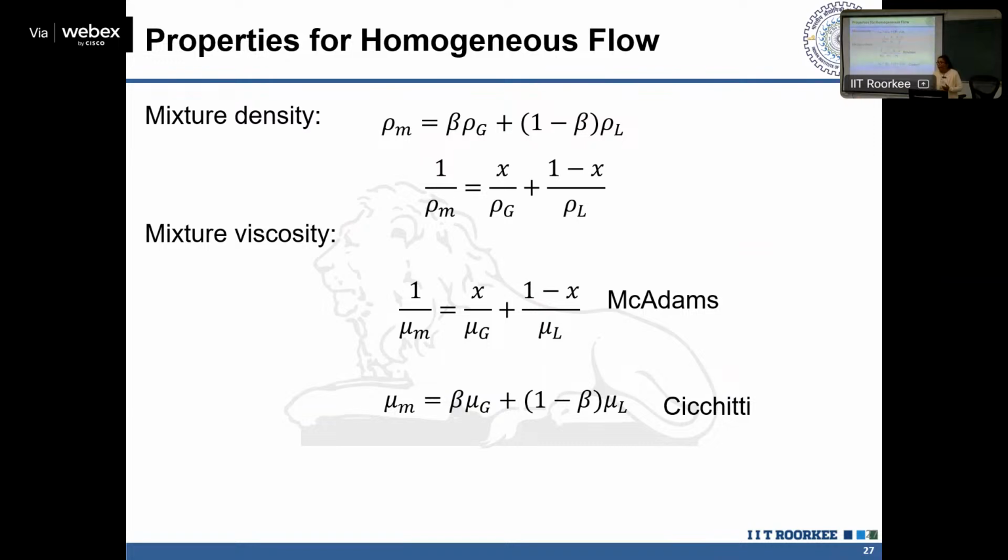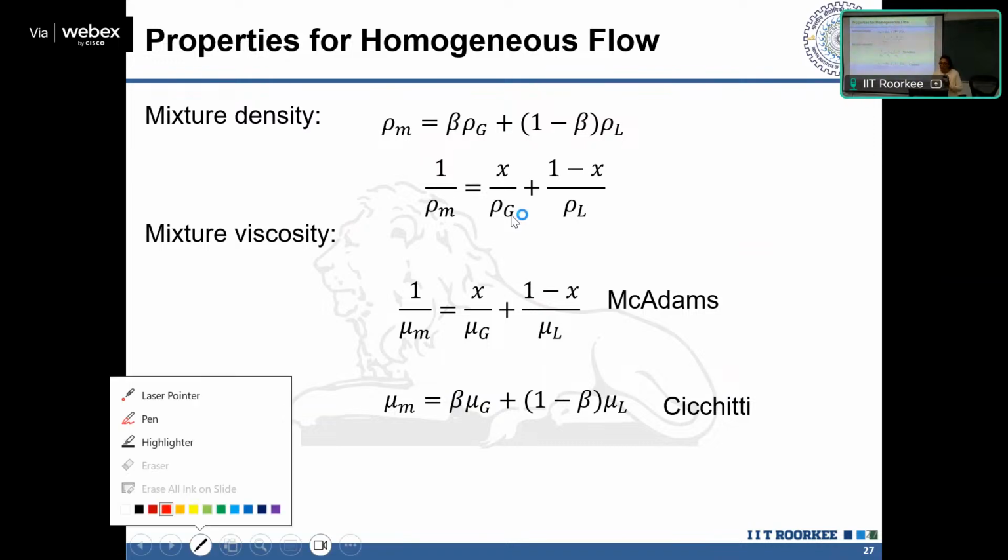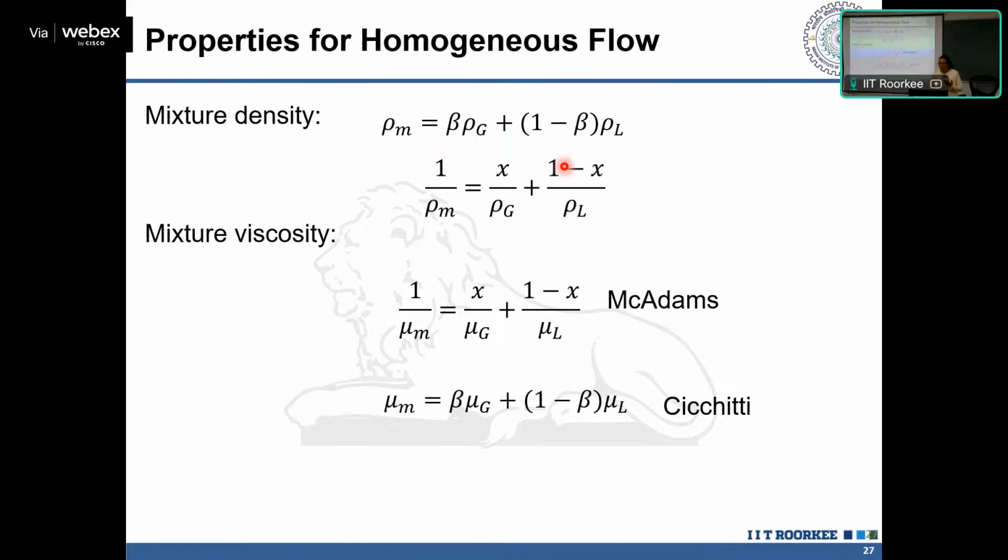But if you have gas, let's say vapor-liquid flow, where the phases change, you started with liquid, and gradually as you move you are encountering the formation of the vapor phase.